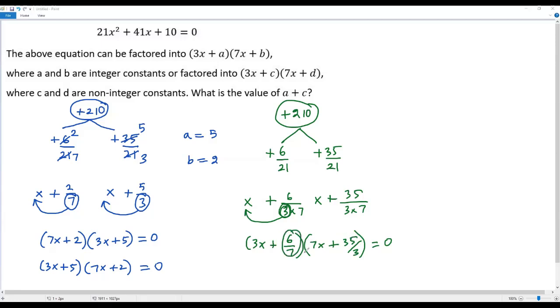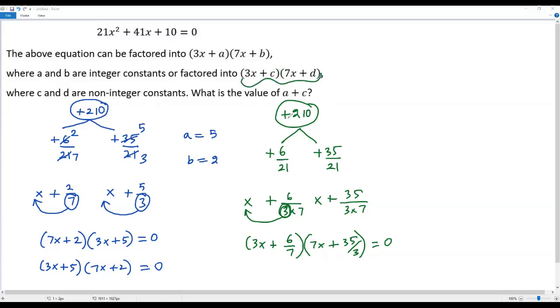6 over 7 cannot be simplified to an integer, so it is a non-integer constant. So the same thing, 35 over 3 cannot be simplified to an integer, so this is also a non-integer constant. According to the information we have in the question, in this factor form, the c and d are non-integer constants.